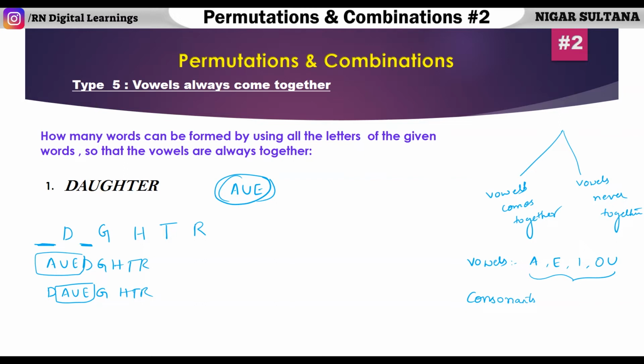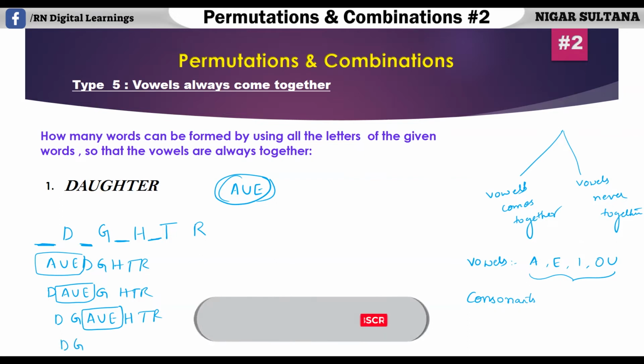Now I can place this A, U, E after G, like D, G, A, U, E, H, T, R. So this is another way. Now I can place A, U, E here: D, G, H, A, U, E, then T, R. So there is another way.